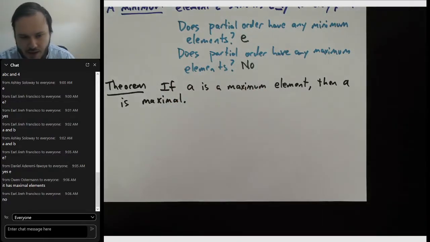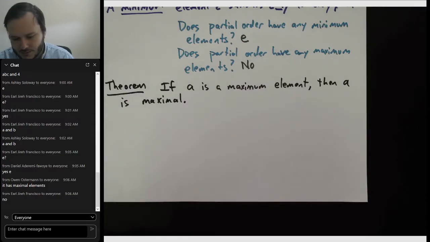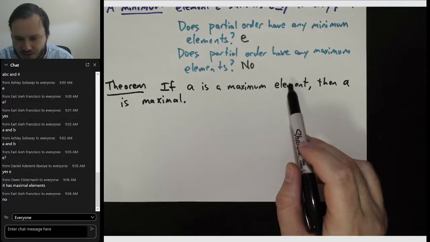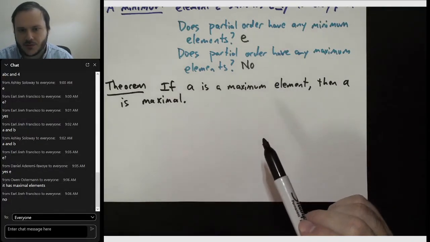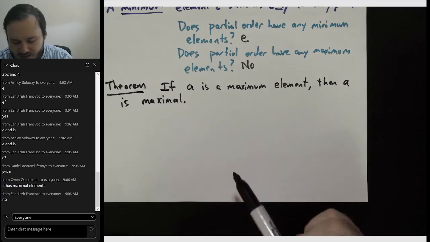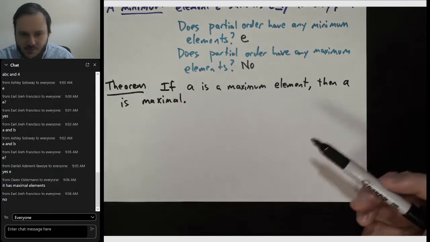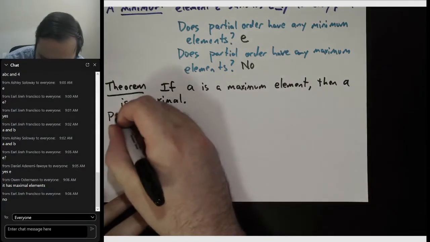So let's think about why. We have an element that's greater than or equal to everything else. Is there any chance anything is bigger than it? Well, no, then it wouldn't be a maximum element. That's how the proof is going to go.